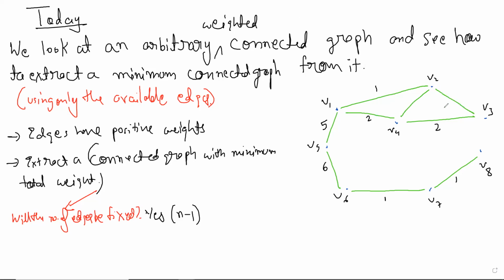With negative weights, the story will change, right? Yes, yes. Then it can become more than n minus 1.